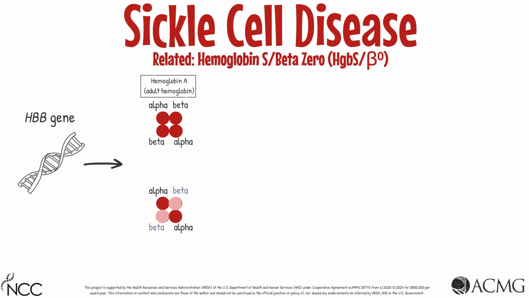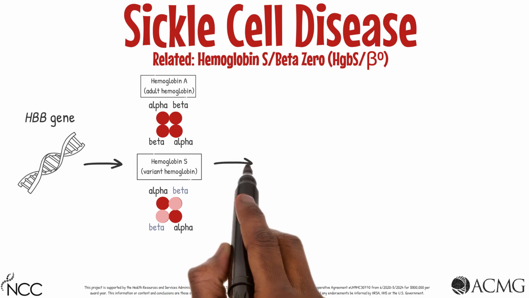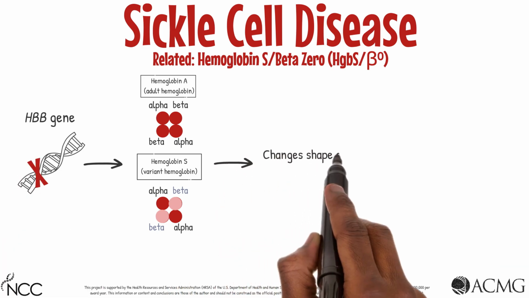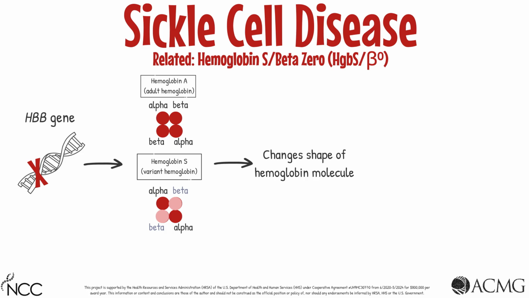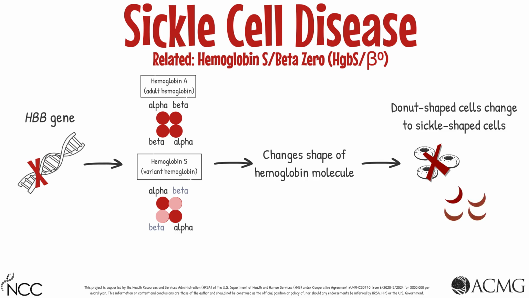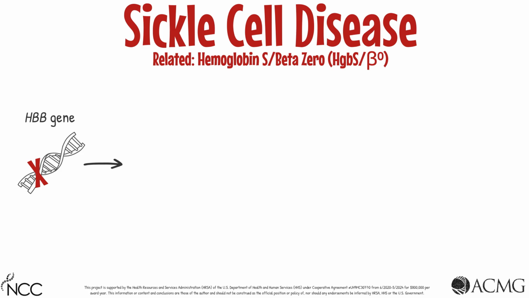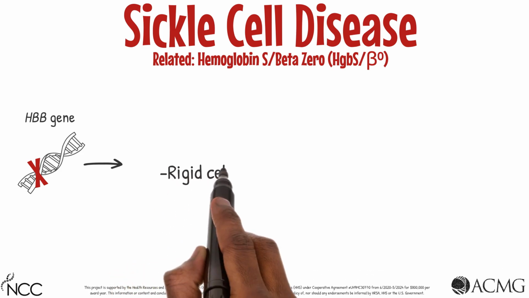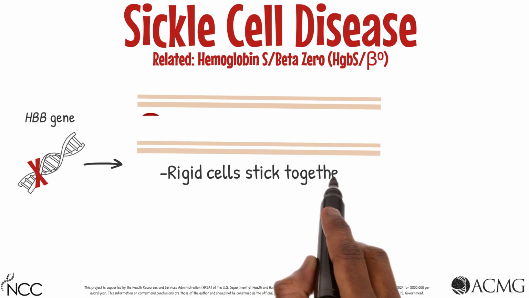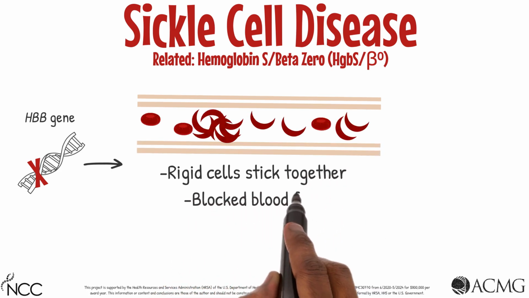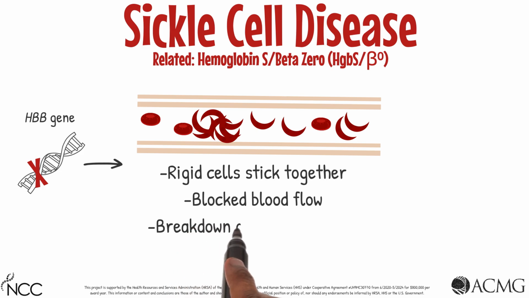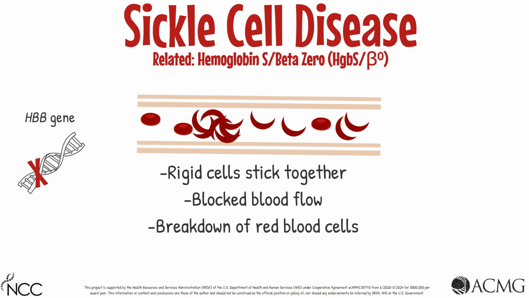This changed hemoglobin is known as hemoglobin S. The hemoglobin S variant causes changes to the shape of hemoglobin from the normal donut-shaped red blood cells into a sickle or crescent shape. This sickle shape can cause the red blood cells to be rigid and stick together, thus increasing the chances of these cells getting stuck and blocking blood flow. This can also cause the premature breakdown of red blood cells.